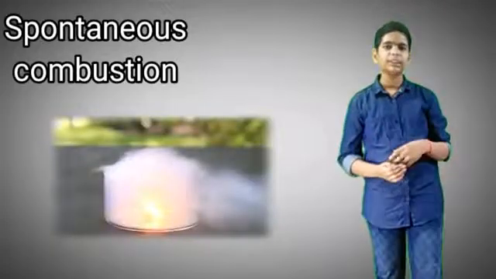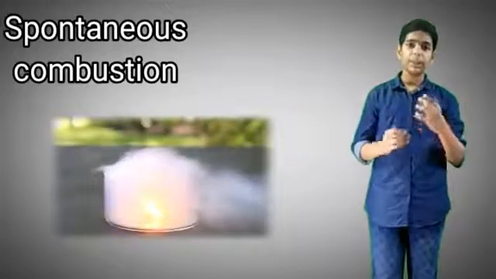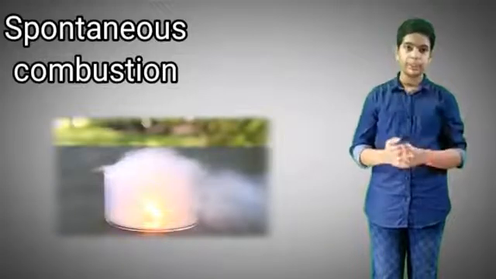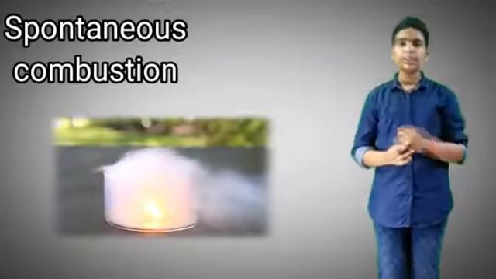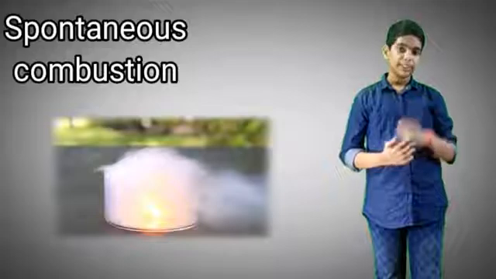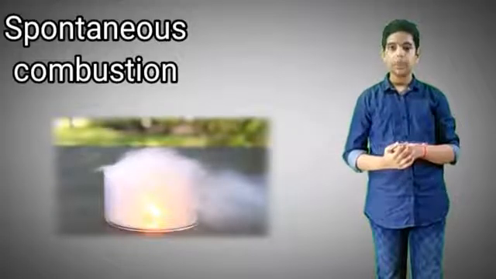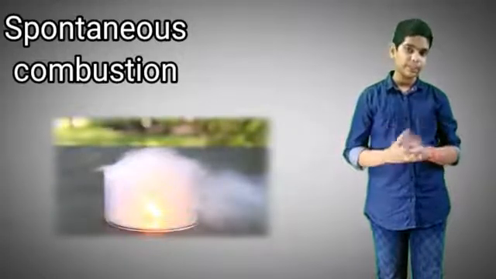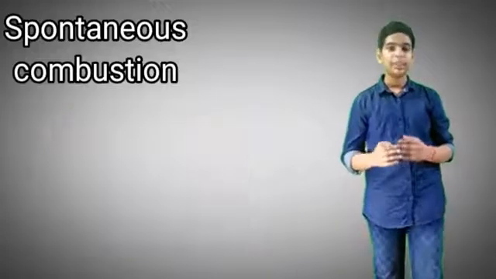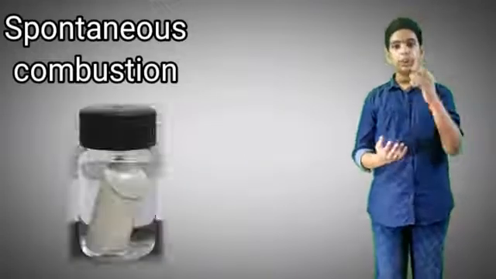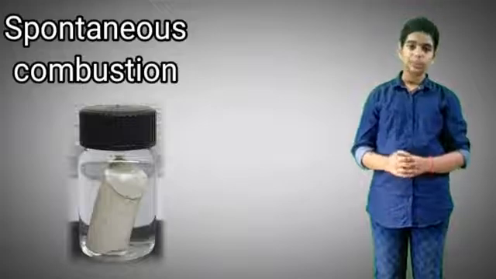White phosphorus spontaneously burns at room temperature. Its ignition temperature is about 35 degrees Celsius to 40 degrees Celsius, which is very low, and hence to prevent fire, scientists store white phosphorus in water. So friends, now I hope that you understood about spontaneous combustion.